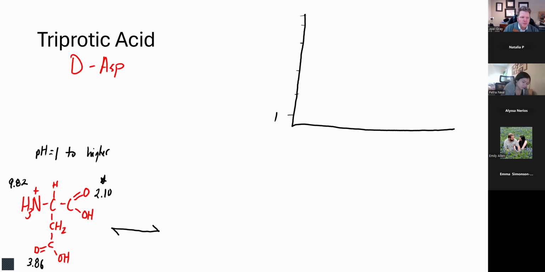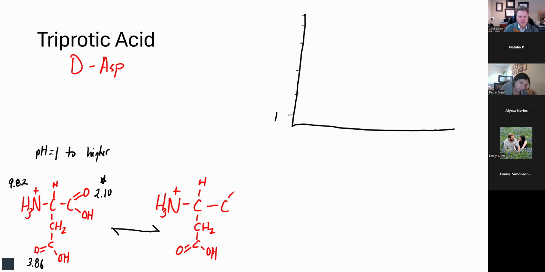Okay, great. Now the next thing that I'm going to do is switch colors because I want to draw my molecule again, but now I want to show what happens after I deprotonated my first group. I'm going to draw NCC. My N-termini is going to get H3 plus. My alpha carbon's getting this hydrogen, and I'm going to give CH2, C double bonded O, OH.